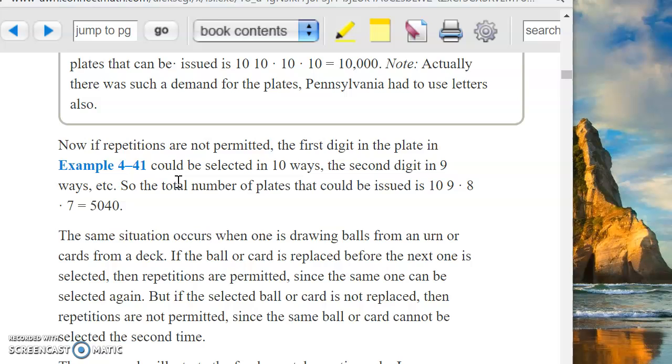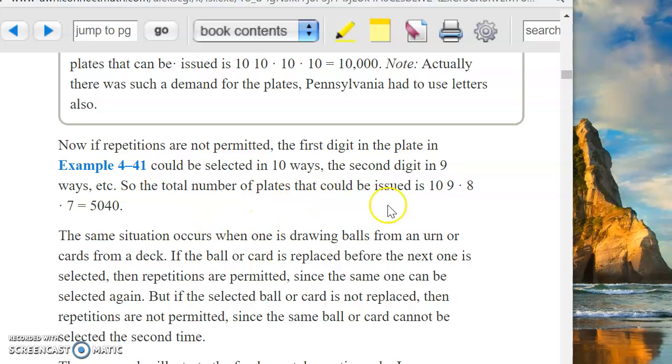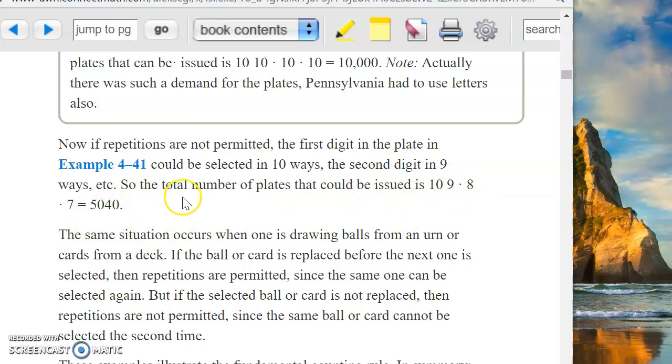Then for the next one, you've already picked 2 numbers, so you only have 8 digits to pick from. If that's not clear, write out an example for yourself and it will become abundantly clear. So now, instead of 10 times 10 times 10 times 10, we have 10 times 9 times 8 times 7, which is 5,040.